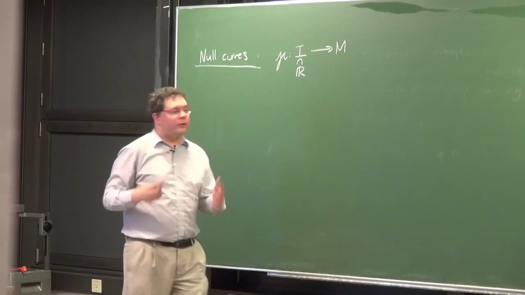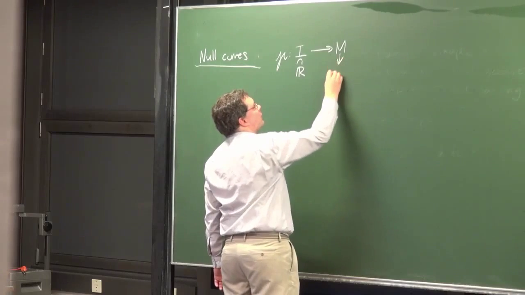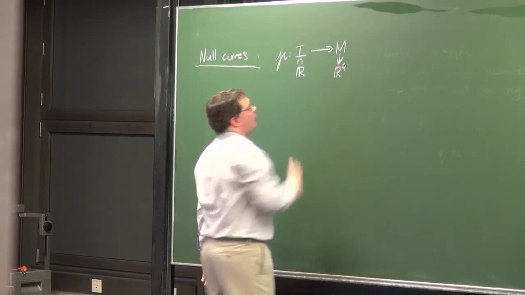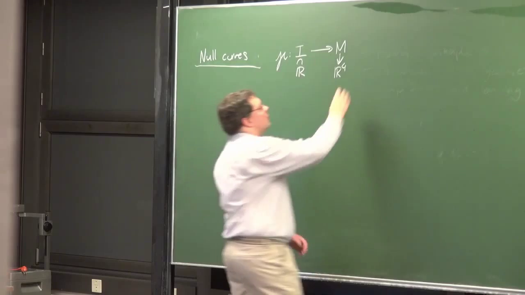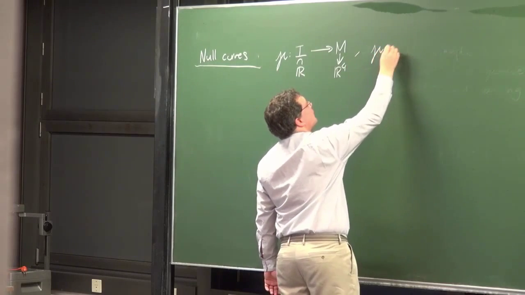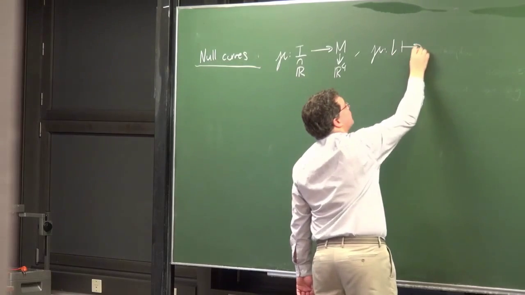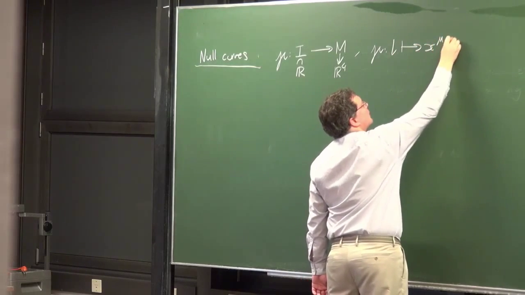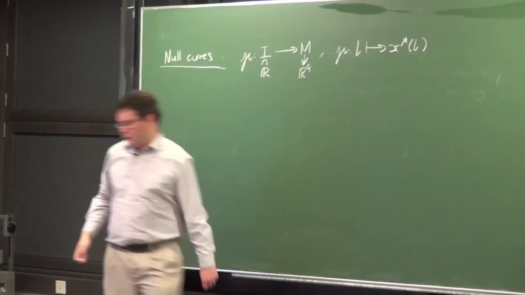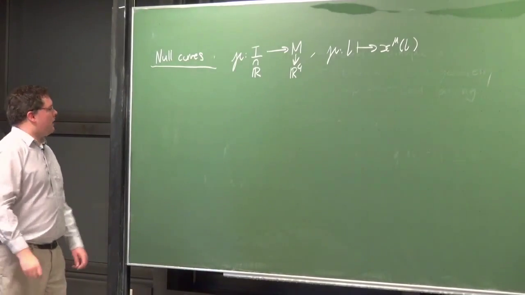And then, of course, we want to use some parameterization. So we go back down to R4. And let's call the parameter L for length, if you like. So we assign to L x mu of L, right?